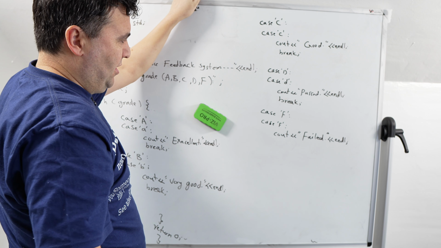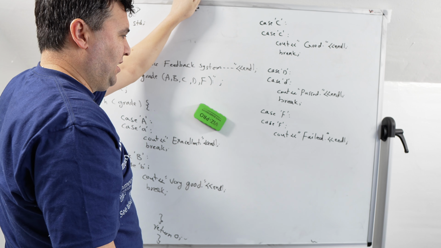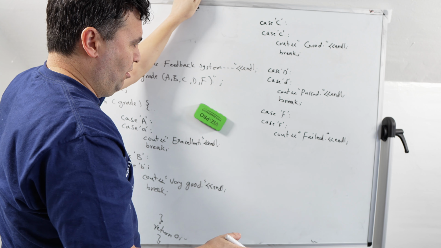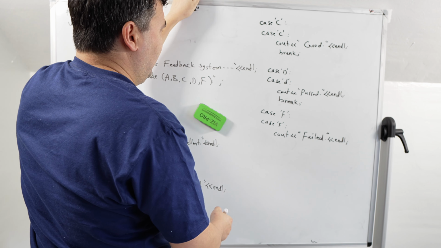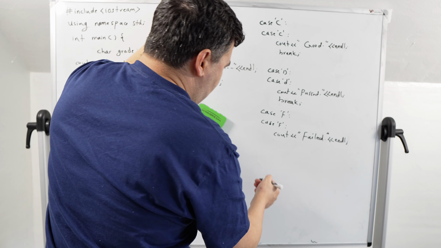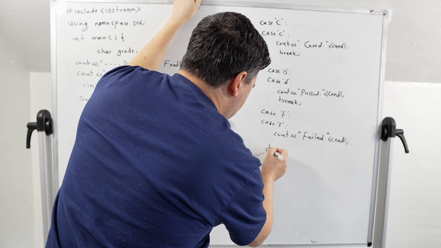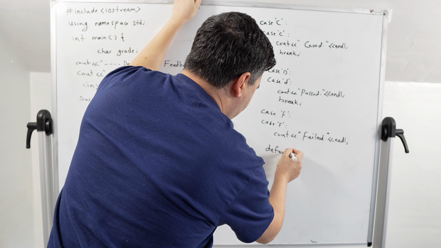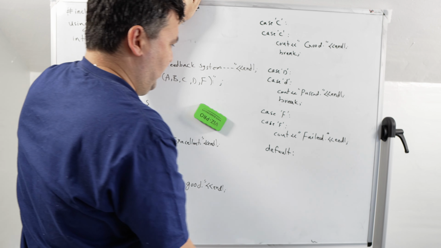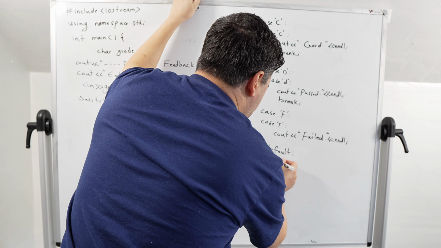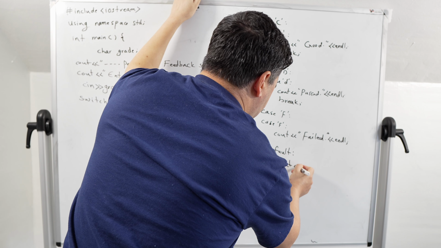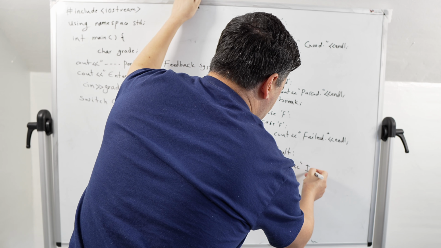And otherwise, if the user enters other characters like X, Y, Z, U, W, any other characters, we use the default in switch. It's like else in the if section. So in the default, we say cout invalid grade.